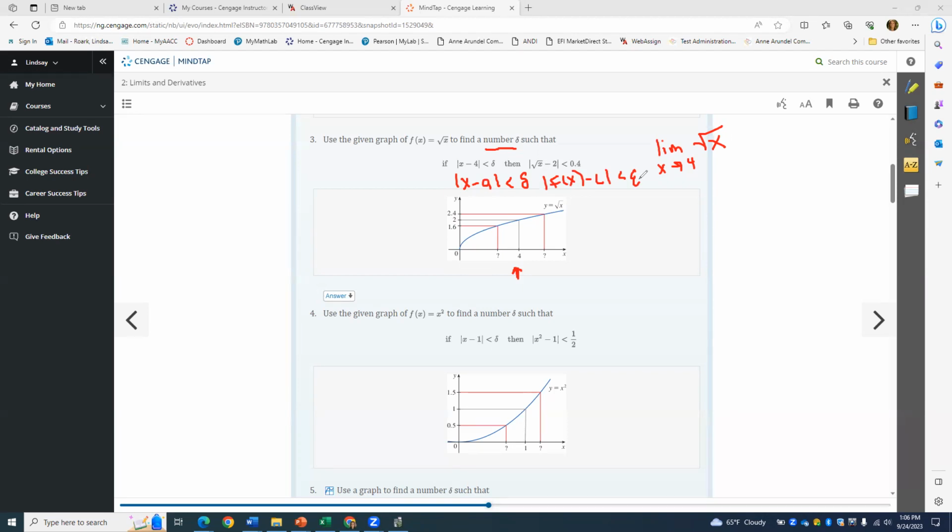The limit is 2, which we already kind of knew. We could have figured that out without this much too complicated version, but that's okay. We're just showing why this formal definition works for these problems. So another way of writing this very complicated formal definition of a limit, we could have just said, and saved a lot of time and heartache, the limit as x approaches 4 of the square root of x equals 2.